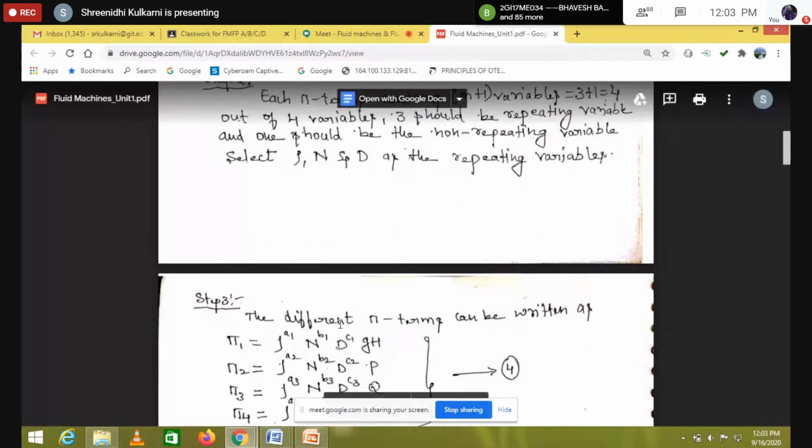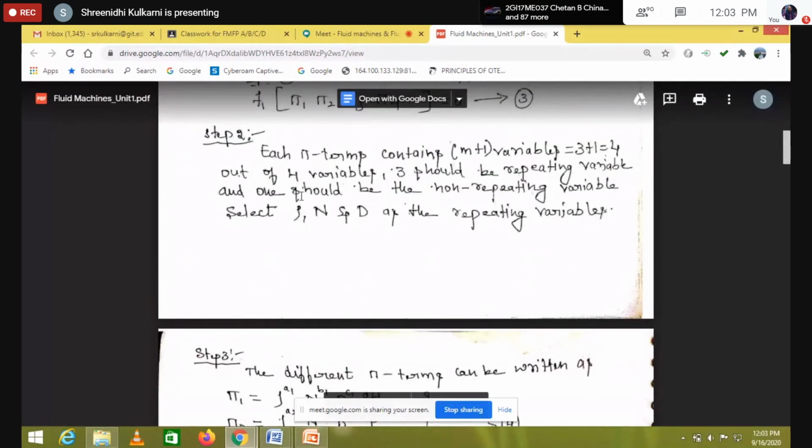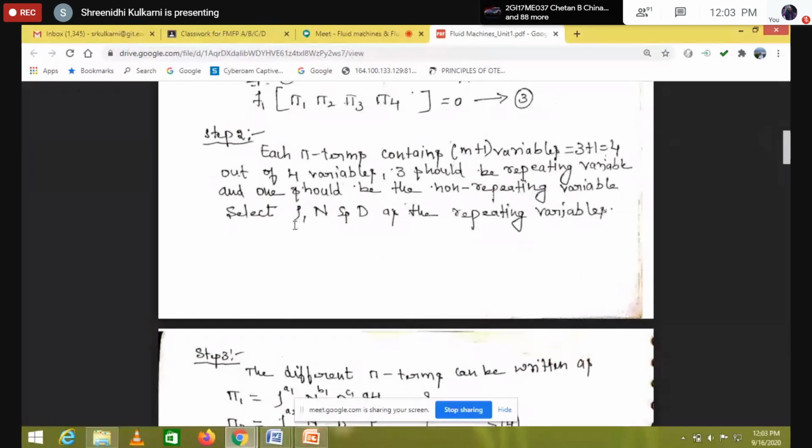While selecting the repeating variables, one should be from flow property, another one fluid property, and another one geometric property. I will repeat: one from flow property, another fluid property, and another geometrical property.